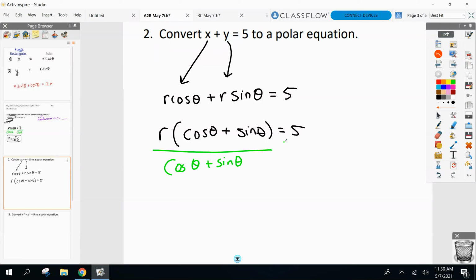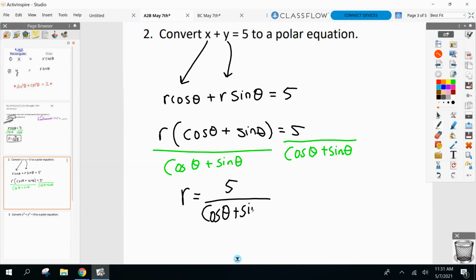Divide out everything that's with it. So what's left on the left side? My single R. Perfect. That's what I want every polar equation to be. R equals 5 over cosine theta plus sine theta. Don't try to be a hero. This is it. There's nothing fancy we can do here.